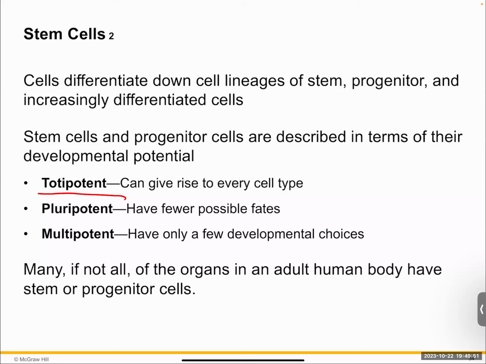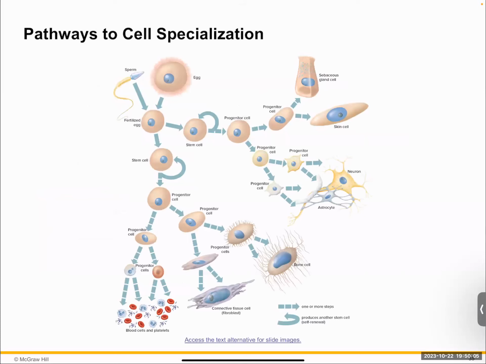Many, if not all, of our organs, like your heart, brain, spinal cord, liver, etc., in an adult body have both stem as well as progenitor cells. Here again, kind of showing you the pathway. We have a fertilized egg, which is basically the original stem cell.